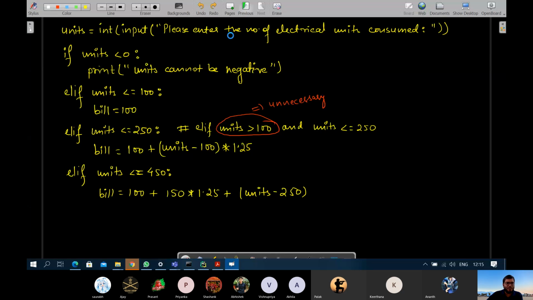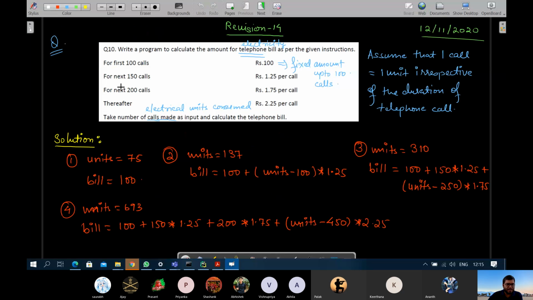And then for the calls above 450, that means thereafter, each call will be charged at the rate of 2.25.